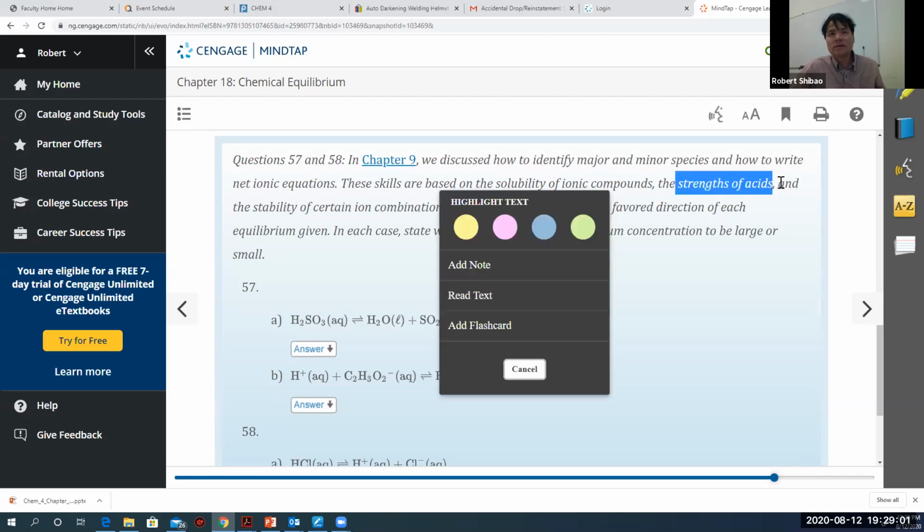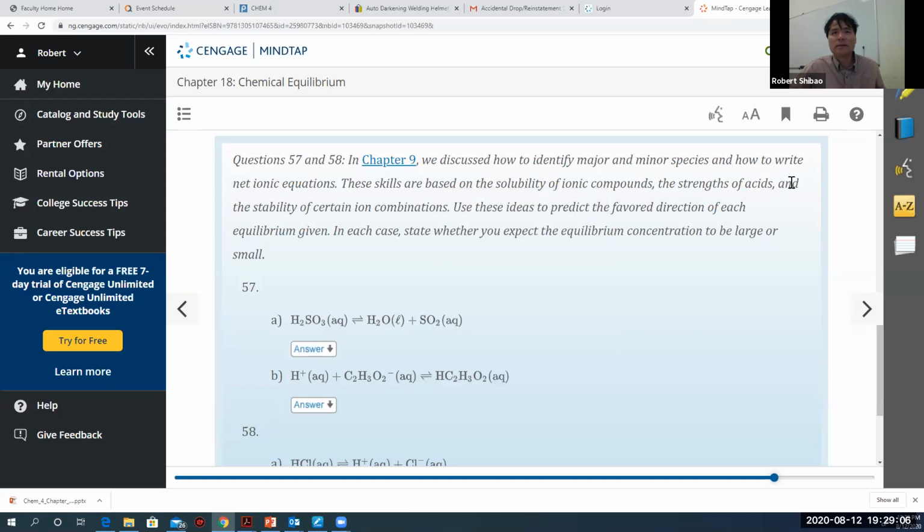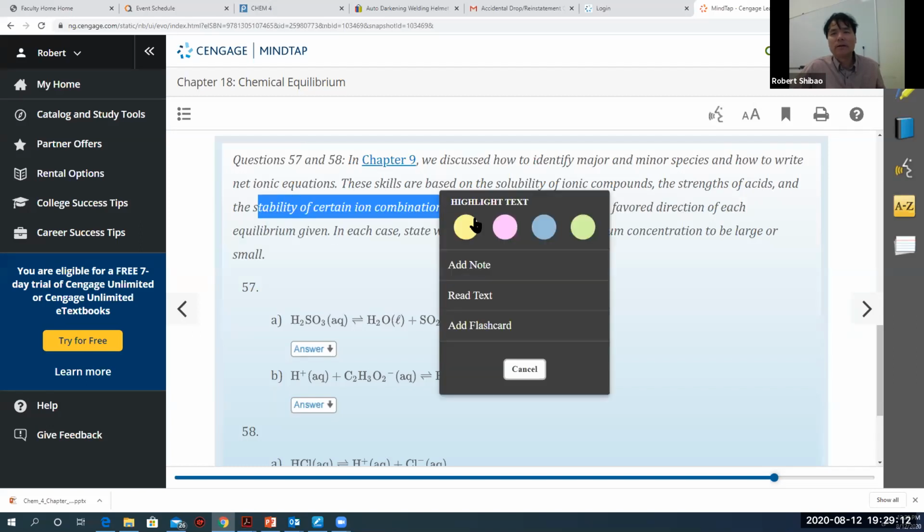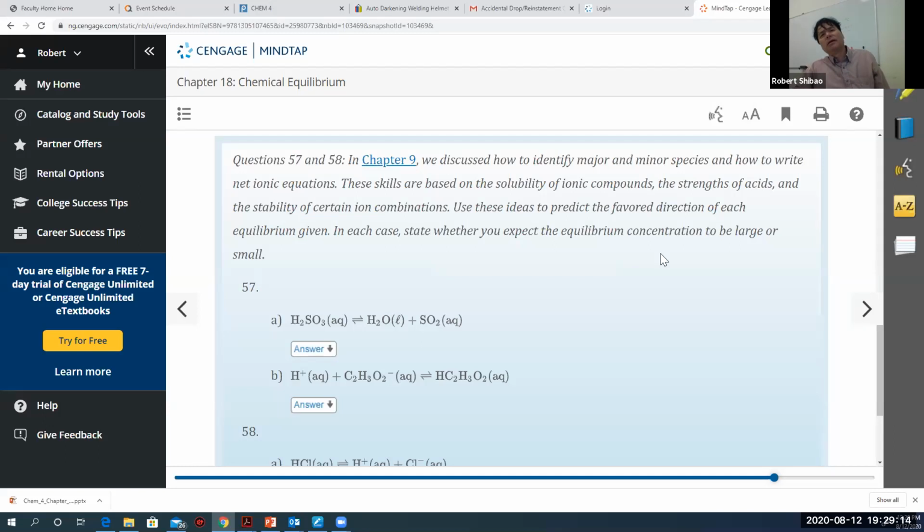The strong bases, well, they missed that here. We need to include the strong bases. And the stability of certain ion combinations: precipitation and gas formation. Now, use these ideas to predict the favored direction of each equilibrium given. In each case, state whether you expect the equilibrium concentration to be large or small.